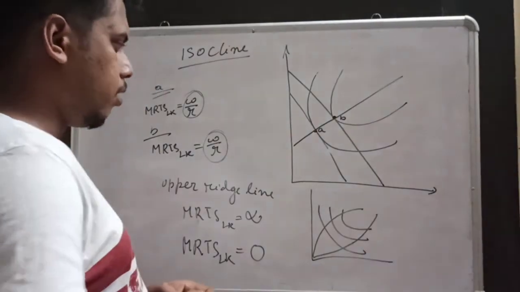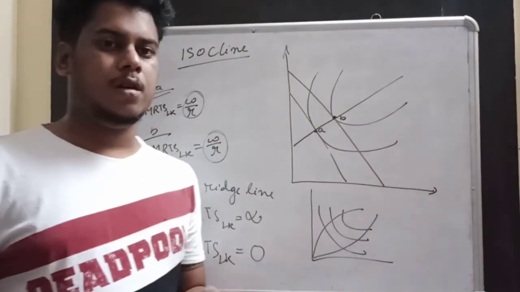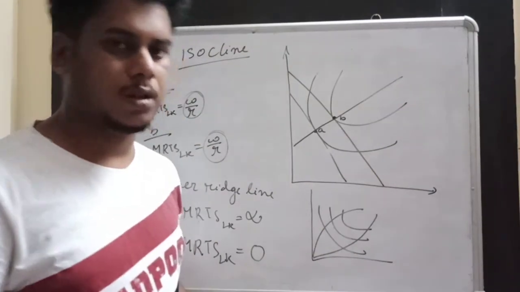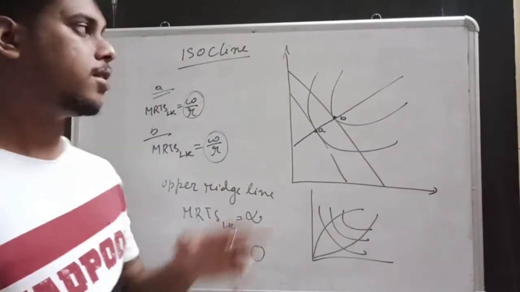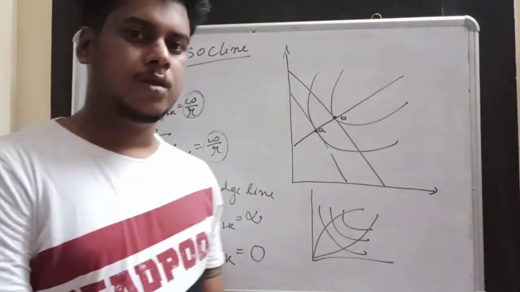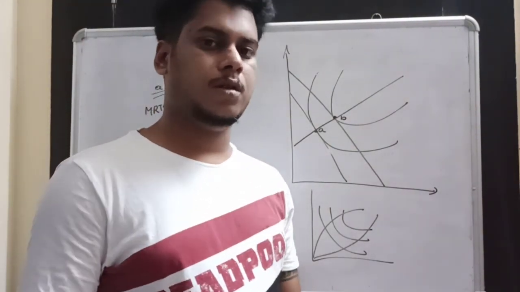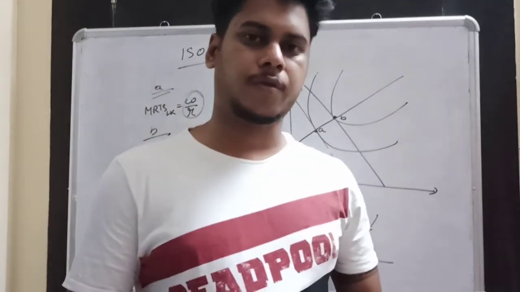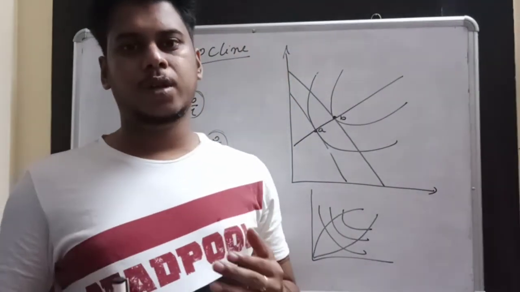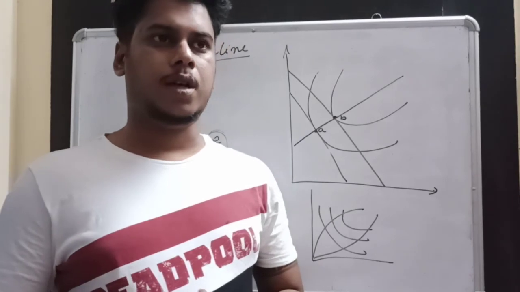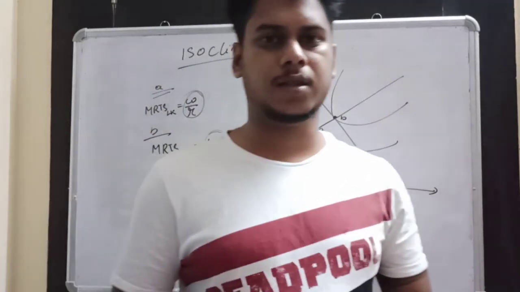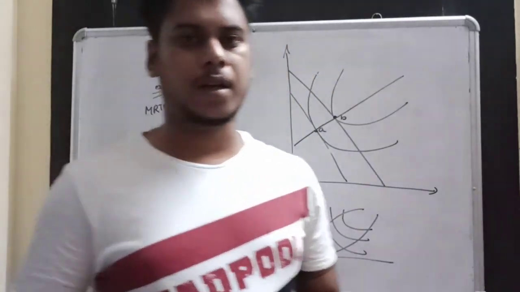So any line along which the value of MRTS LK remains constant will be termed as an isocline. Okay, so this was all for today. From the next class we shall start with the concepts of cost. We are halfway through the chapter and I guess in just two classes we will finish the entire chapter. Thank you.